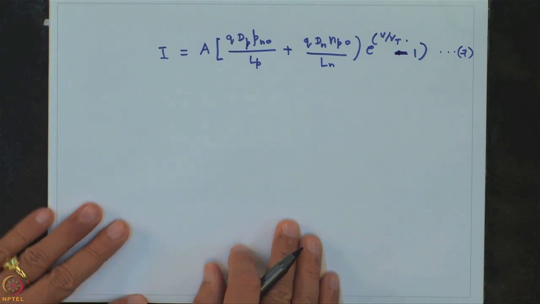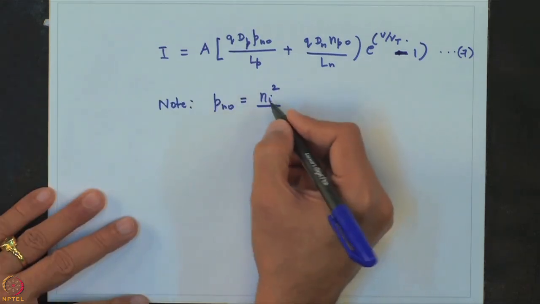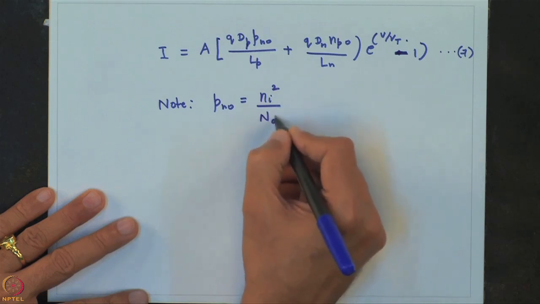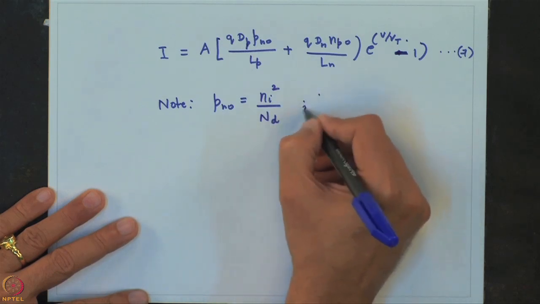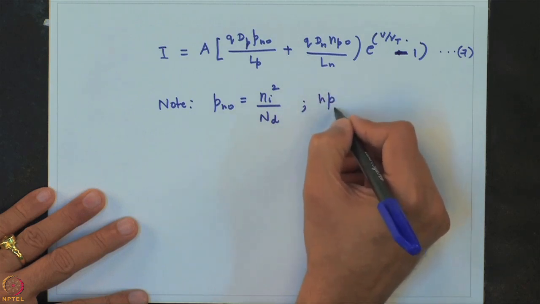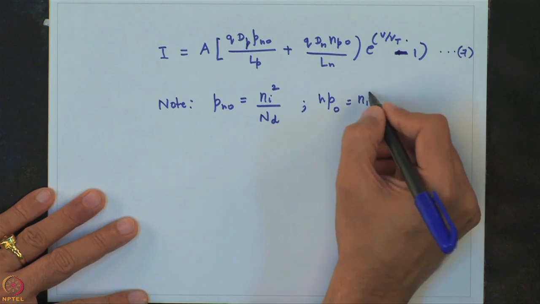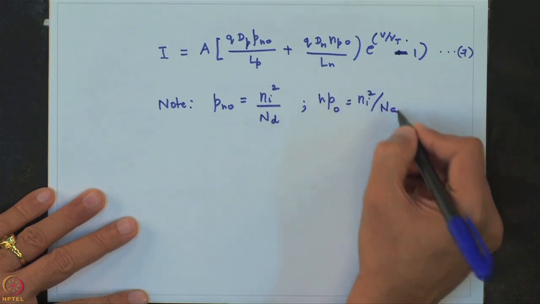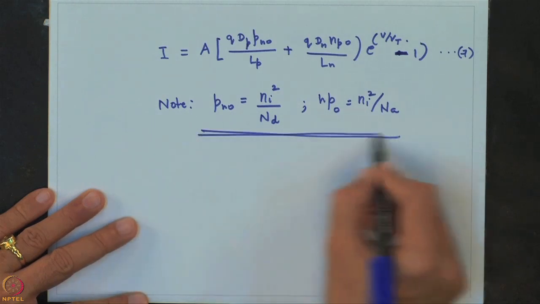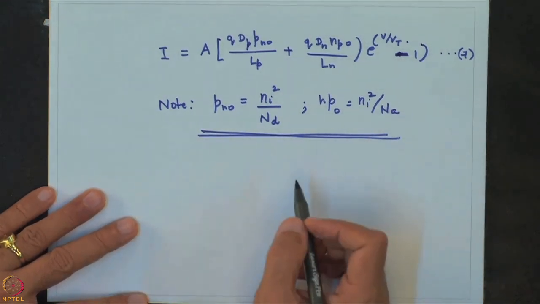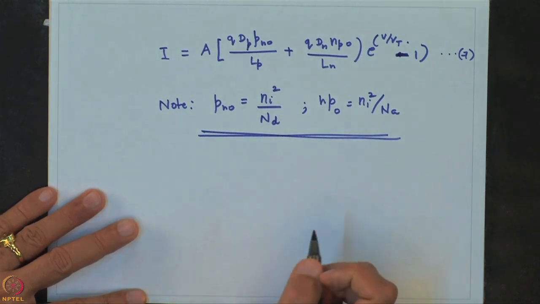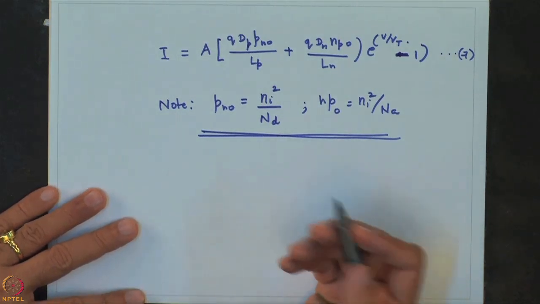A further understanding of this expression can be obtained by noting that Pn0, the thermal equilibrium value of holes in the N type region, is given by Ni square, the intrinsic concentration squared, divided by Nd, and Np0 is equal to Ni square divided by Na. When we saw doping, we obtained these relationships and gave some standard expressions which are very useful for our further analysis.